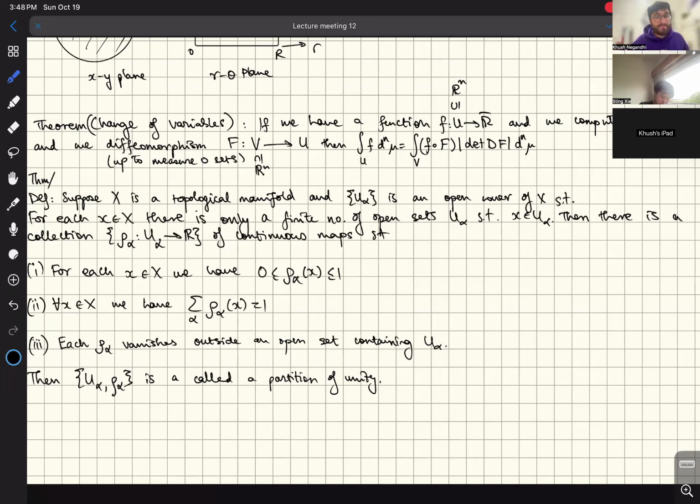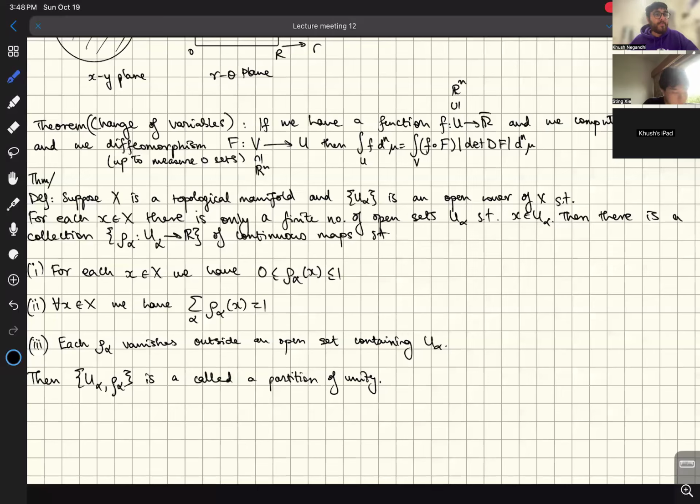We'll actually use partitions of unity later on as well when we want to take a bunch of local data. Say we know something exists locally, and then we'll use a partition of unity to piece all of that together to get something on a global level. Are there any questions regarding what a partition of unity is?